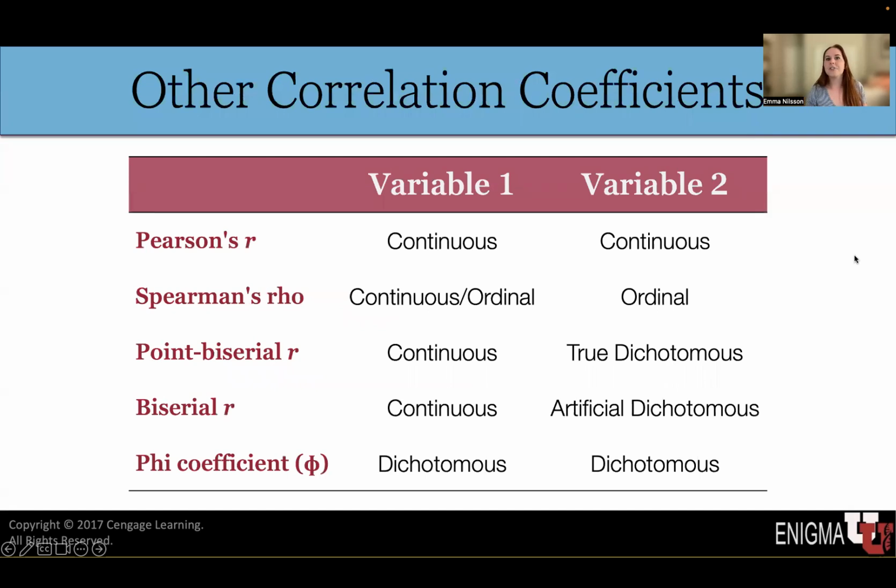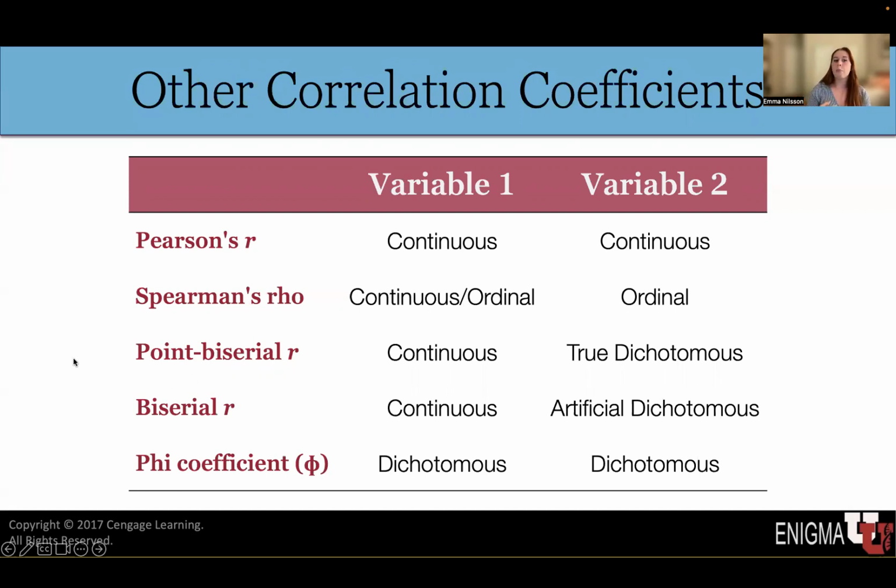And lastly, these are some other types of correlation coefficients that we can use in statistics to evaluate correlations between relationships when our variables are less than continuous. So Pearson's R can only be used if both variables are continuous. But if we have one variable that's ordinal, or if we have two variables that are ordinal, we use something called Spearman's rho.